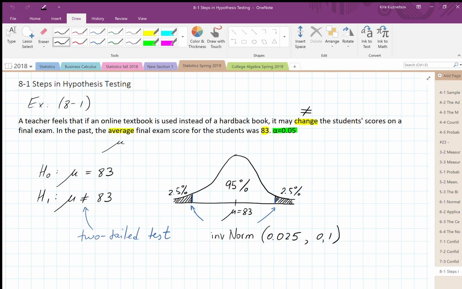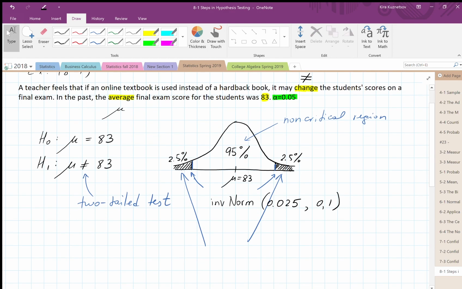So 8-1 is basically just asking you for definitions. This part is called the non-critical region. And the tails are called the critical region.